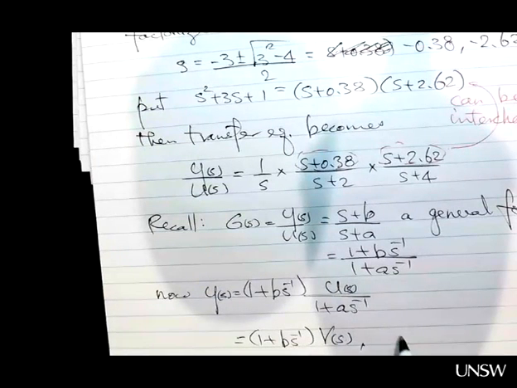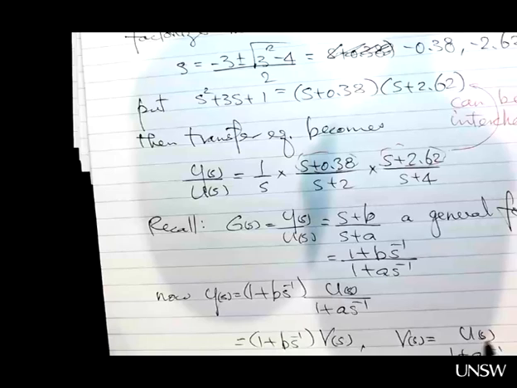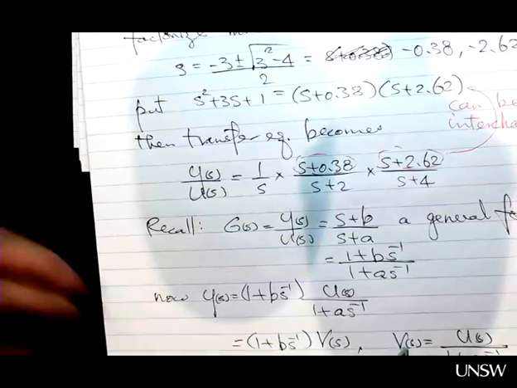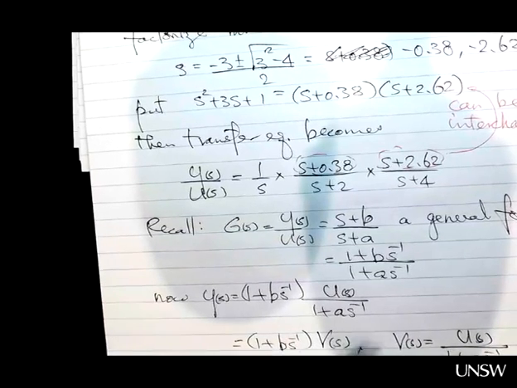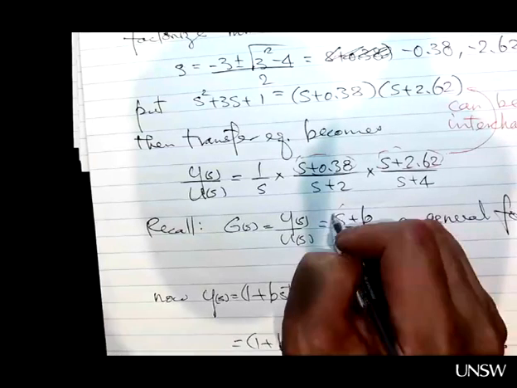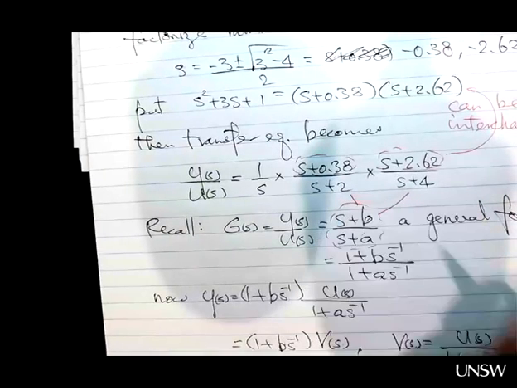So V of s equals U of s over 1 plus a s to the minus 1. So based on these two equations we can construct a block diagram for this kind of factors. It is one factor like this, another factor like this.